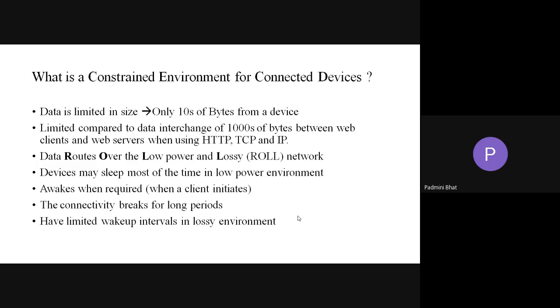Battery life is minimal, and even if you get a proper battery, you expect it to run for a longer duration. So I should consider a low power and lossy network. The lossy network comes when it is low power. It is not that the network is made lossy, but the network becomes lossy when you try to transmit using low power.